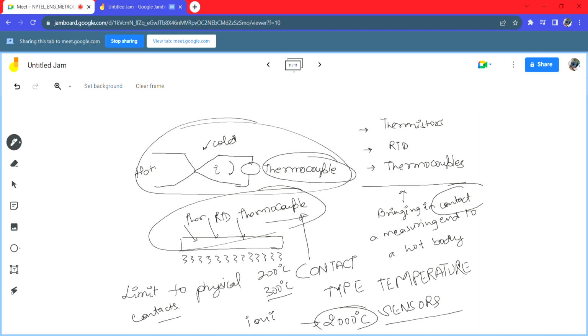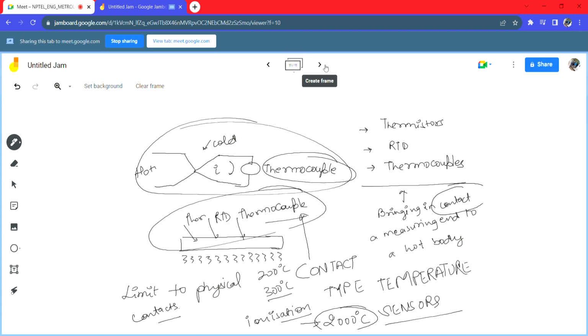So the gas or the air there will start to ionize, and the surrounding areas will become so highly warm in temperature that it would be practically impossible for us to go near that surface, leave apart putting our sensor into contact, because it will create a burnout.